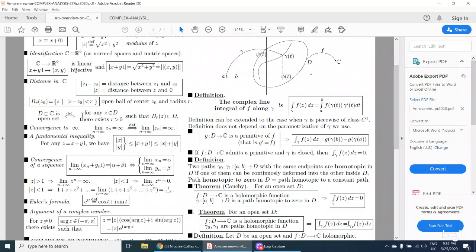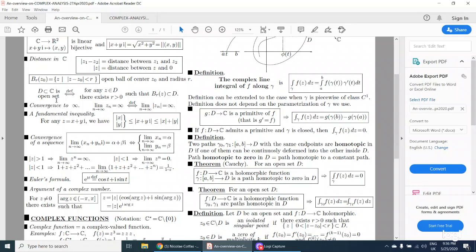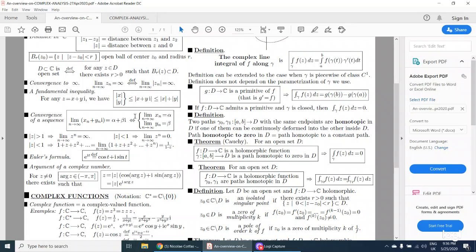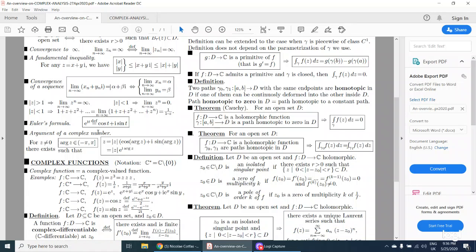The definition of the disk of center z0 and radius R, convergence to infinity, this fundamental inequality, the convergence of a sequence of complex numbers to this. This happens if and only if the real part tends to alpha and the imaginary part tends to beta.